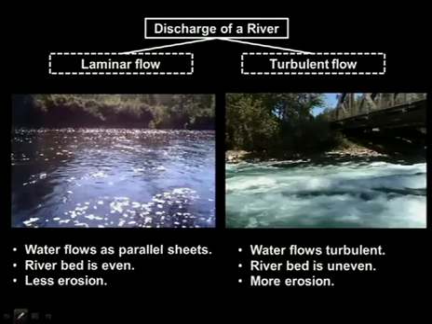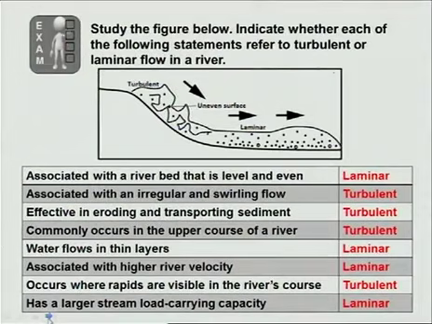Now, last year in the exams, they asked a question with regard to laminar and turbulent flow, which I would like to share with you. It was a short type of question. Just as in our previous ones, as soon as you see this icon, you must know we're busy with an exam question. The question was as follows. Study the figure below.